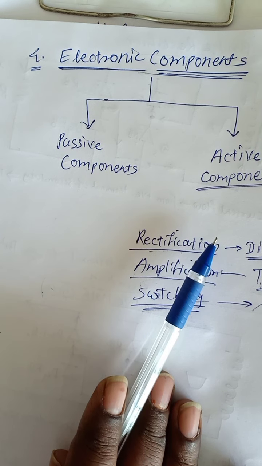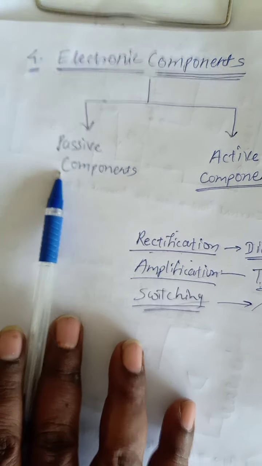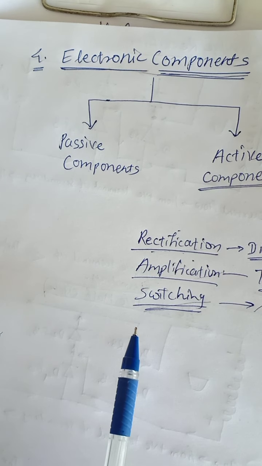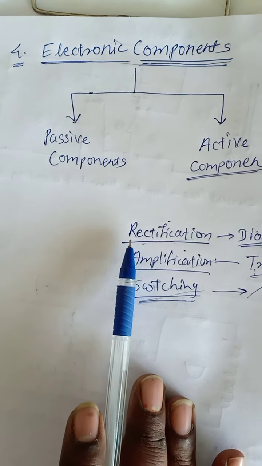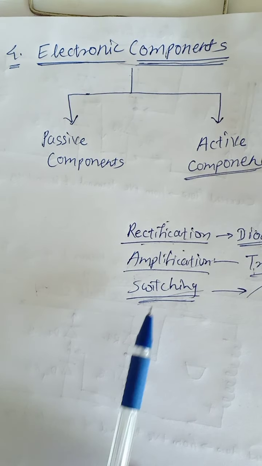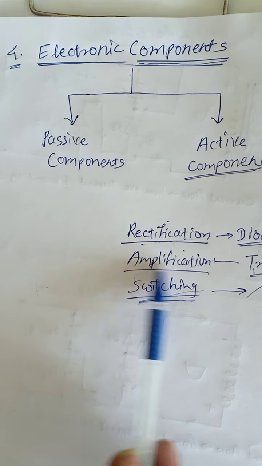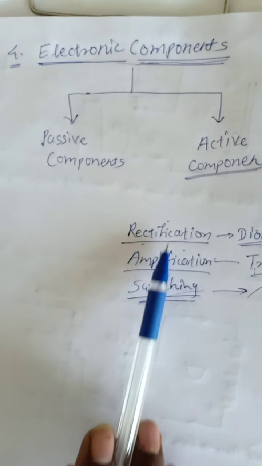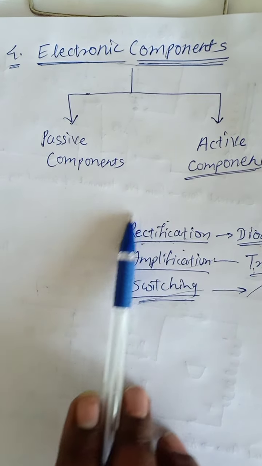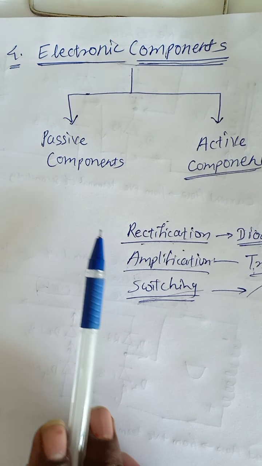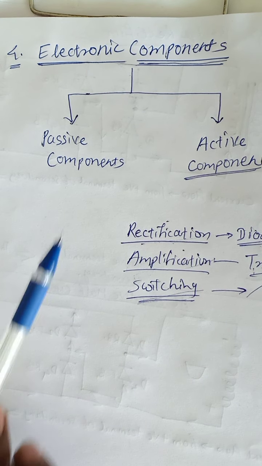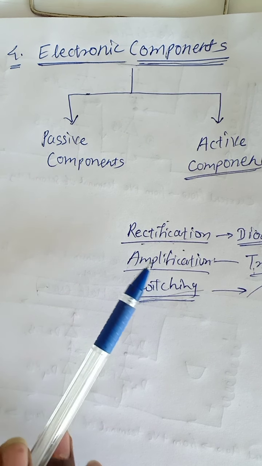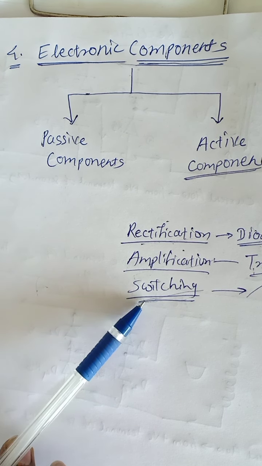So these are known as passive components, which are not used for rectification, amplification and switching. But active components can be used for these functions.